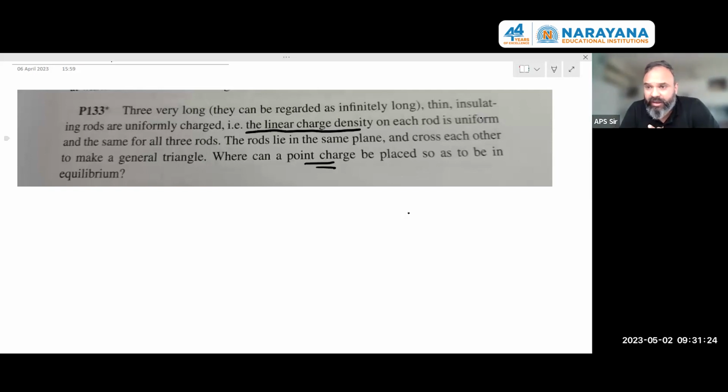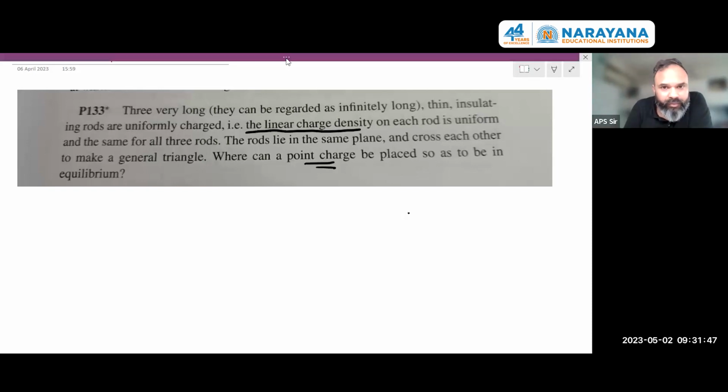The question says that in that system, if there is no other field, I need to position an external charge somewhere to make sure that the charge remains in equilibrium. Where can you position that external charge is the question. So I'll make the diagram and then we can start.